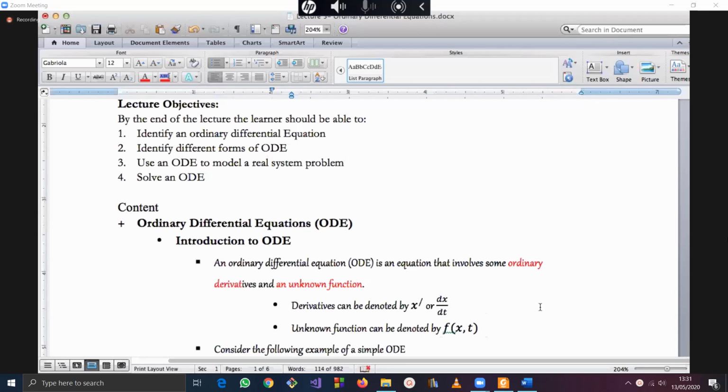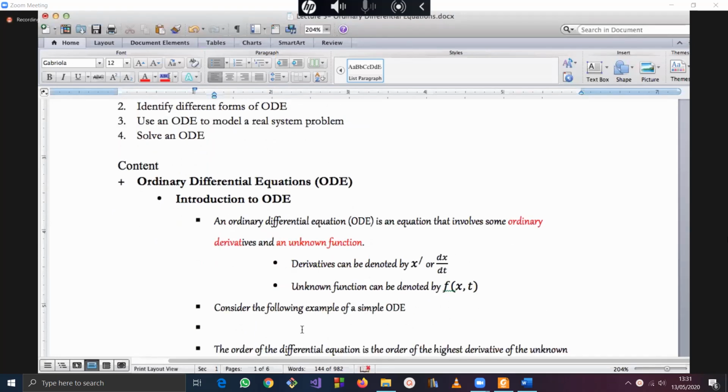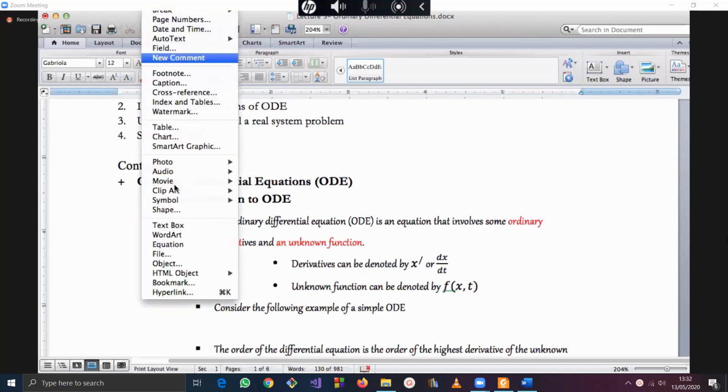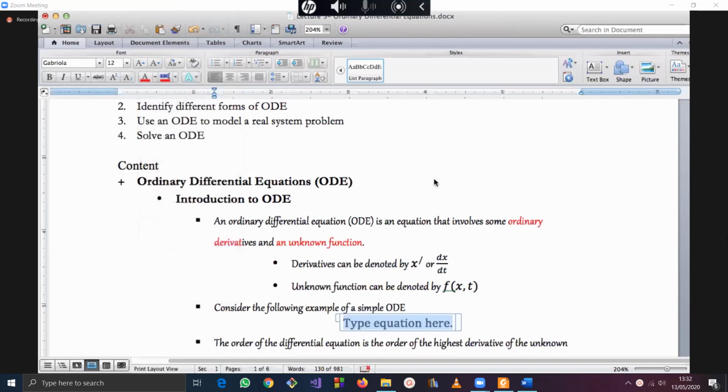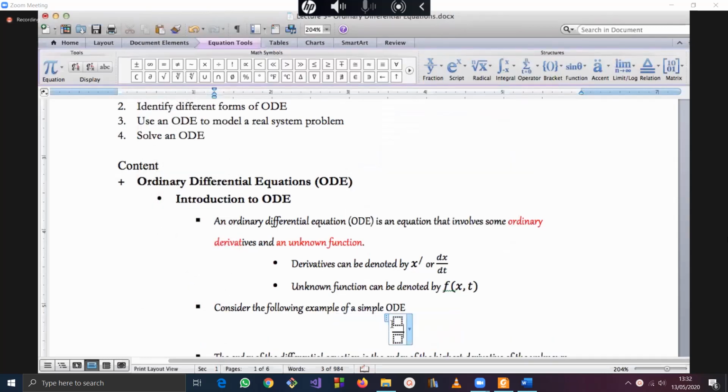The next thing is, having defined those, consider the following example of an ODE, ordinary differential equation. So I want to give an example here. Using any one of these scenarios, we can pick an example. Let me use the second part.